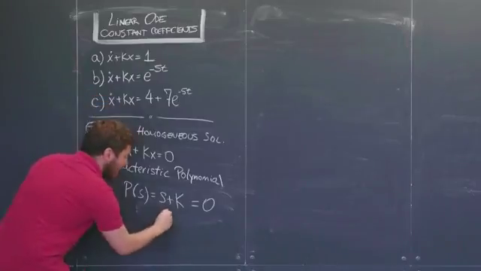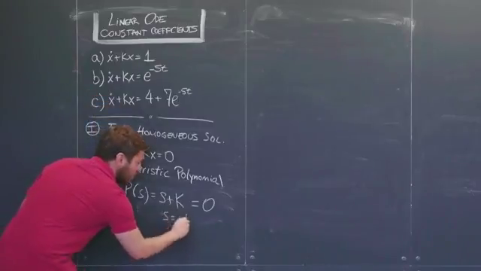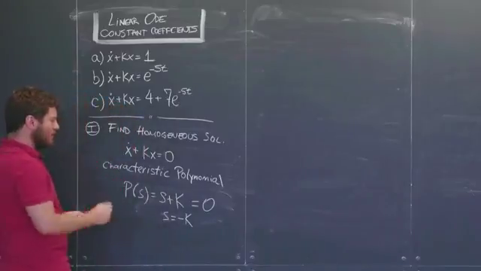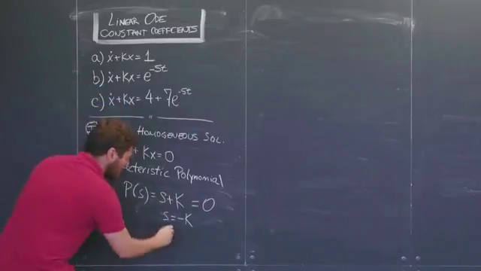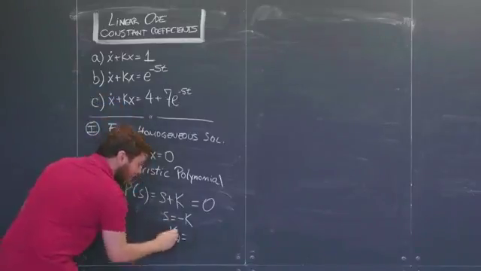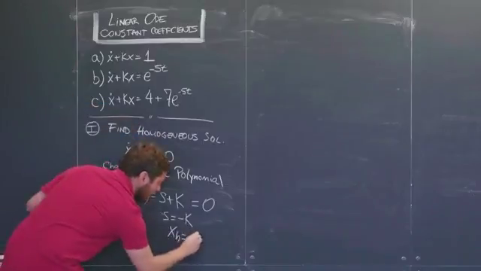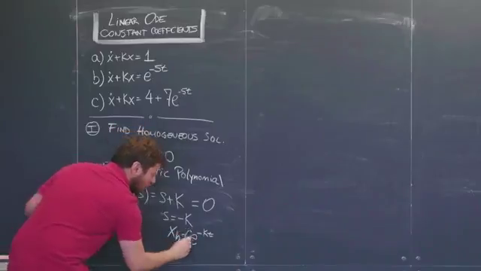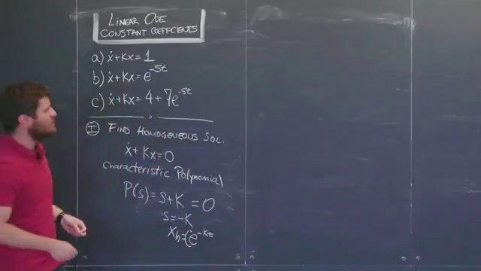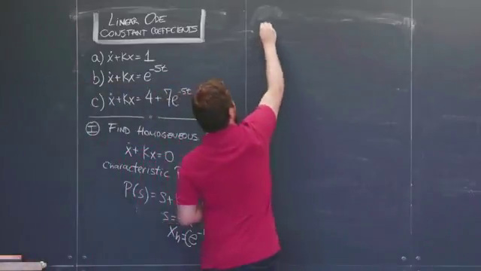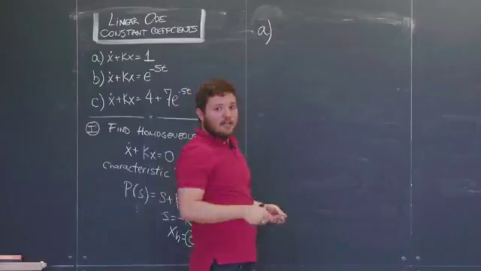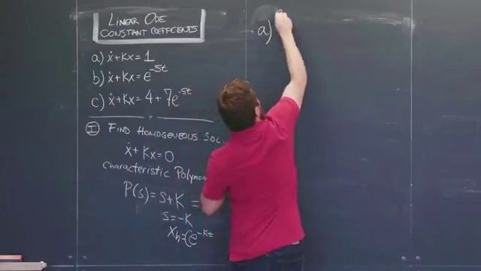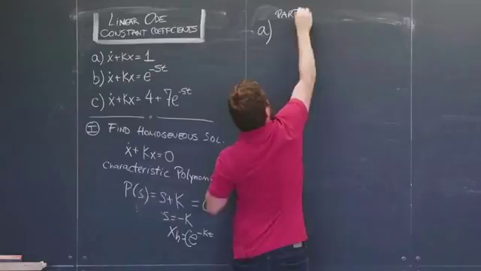That would tell us that s is equal to negative k. Therefore, our homogeneous solution, which we'll denote x sub h, is equal to e to the minus kt multiplied by any constant.